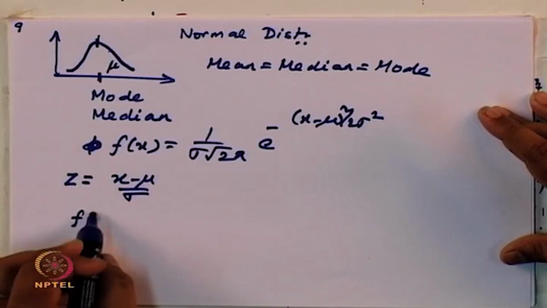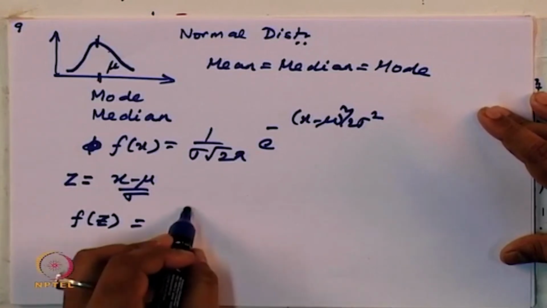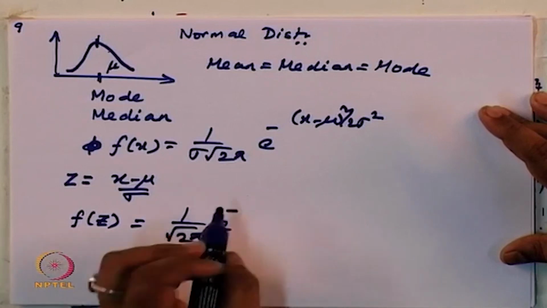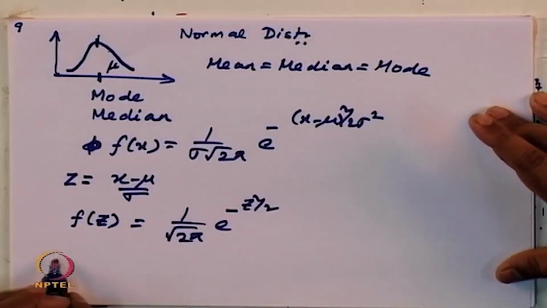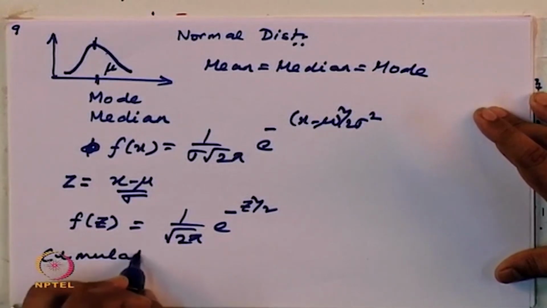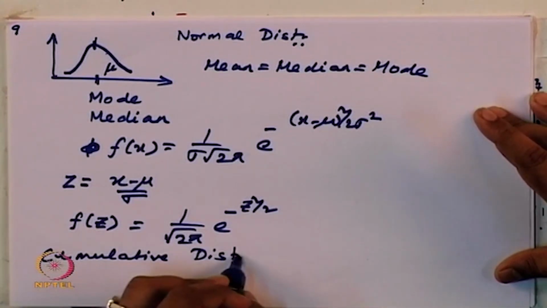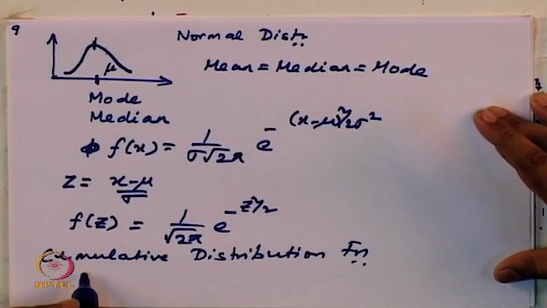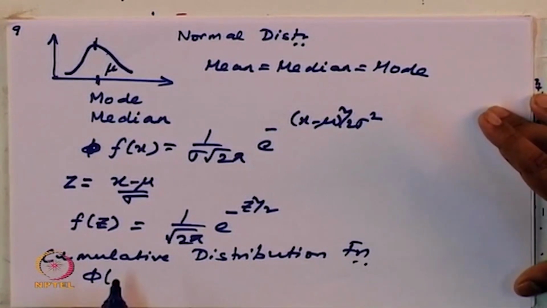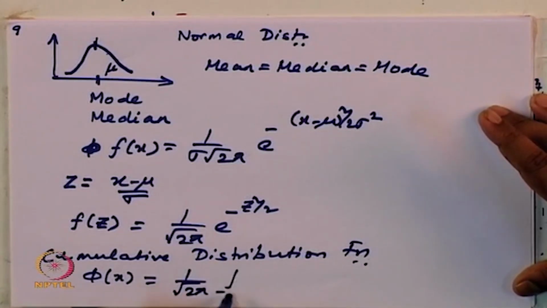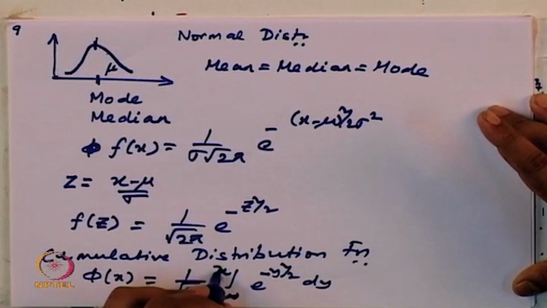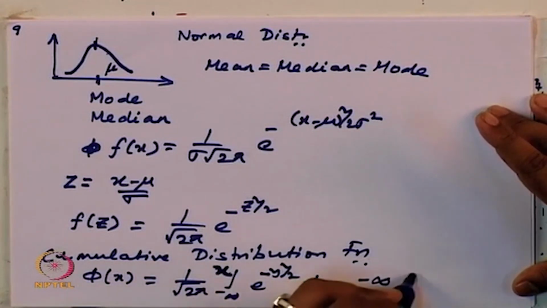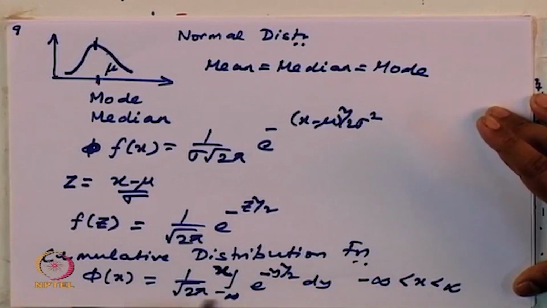So this becomes f of z, 1 by root 2 pi e to the power minus z square by 2, and the cumulative distribution function phi of x then becomes 1 by root 2 pi into minus infinity to x of e to the power minus y square by 2 dy, with minus infinity less than x less than infinity. So, this is your value.